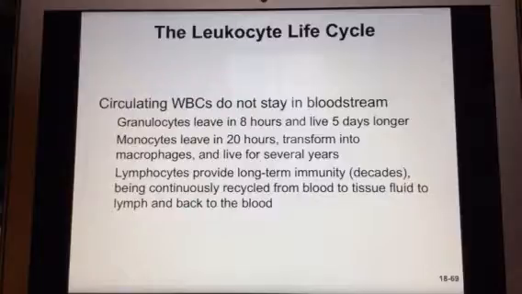Monocytes leave the bloodstream after 20 hours. Then they are transforming into those macrophages and can live for several years throughout the body. And then lymphocytes have a much longer lifespan. They can be cells for decades, and they are continuously recycled from the blood to the tissue, and then to the lymph, and then back to the blood.